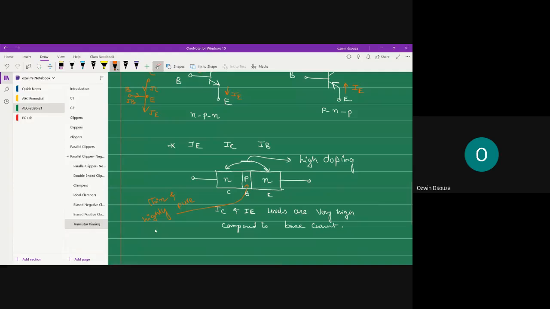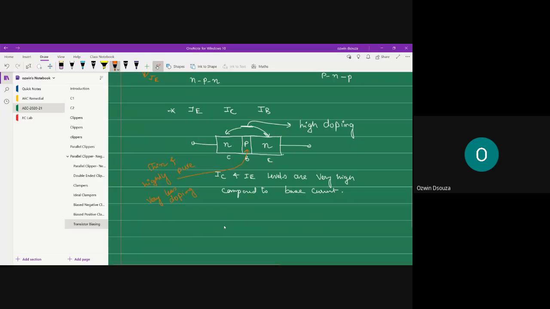Highly pure means very less doping. That's the meaning of purity. Very less doping, and that's the reason your base current is going to be very small in comparison with the emitter and collector current.